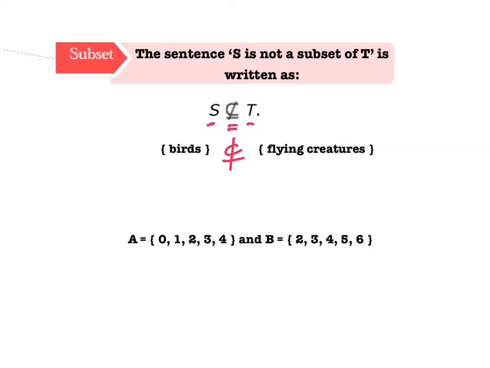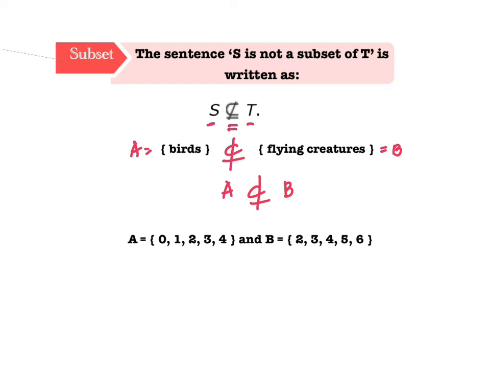Let's think, are there birds that are not flying creatures? Yes. For example, we have the ostrich. An ostrich is a bird but cannot fly. So, it is not a subset. Let's say this is set A and this one is set B. So, set A is not a subset of set B. Okay?